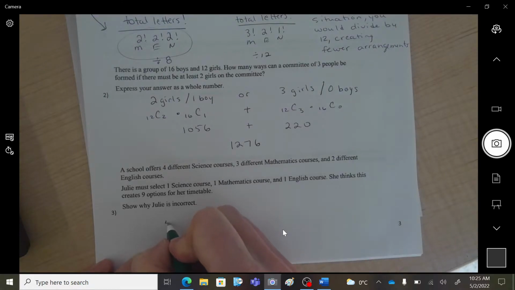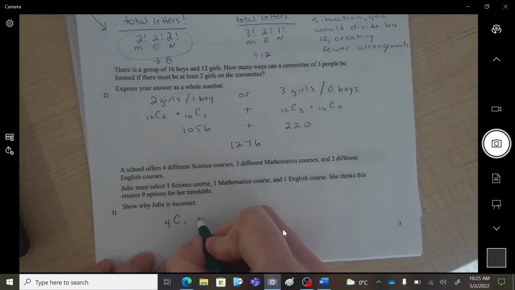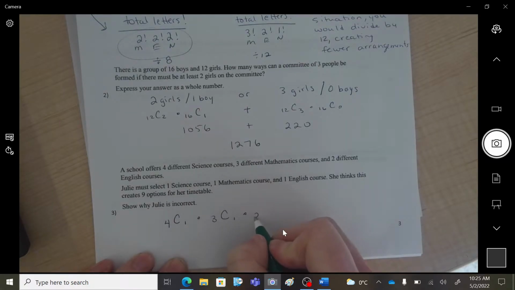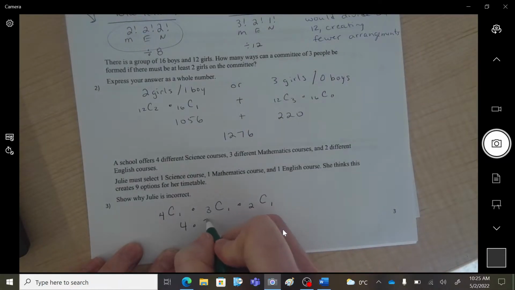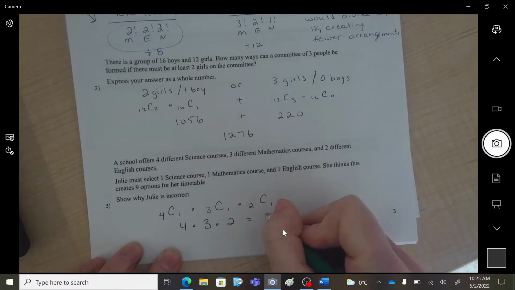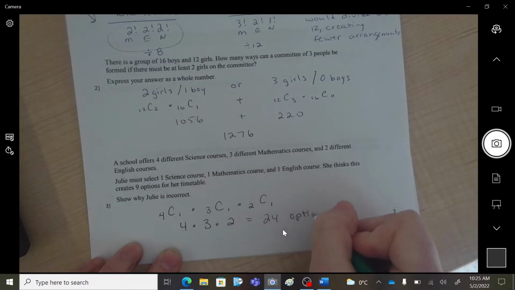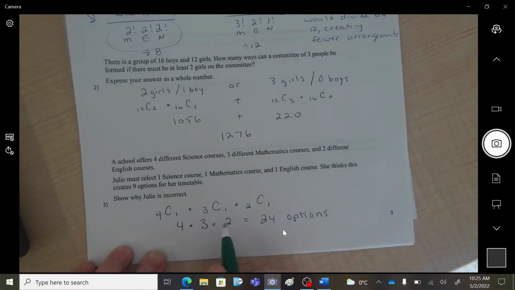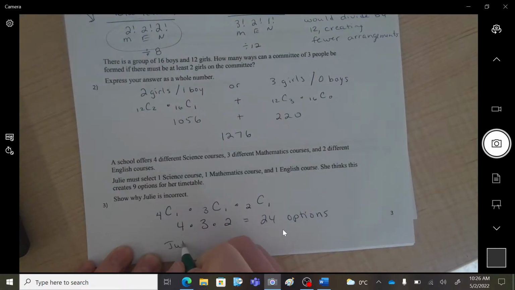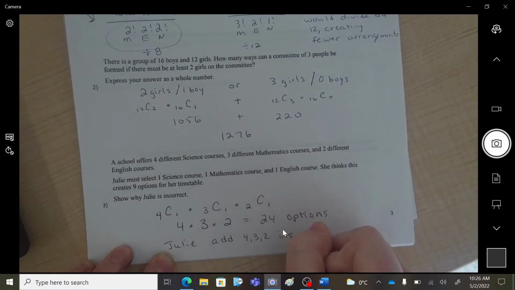She's going to have to do 4 sciences and choose 1, 3 maths to choose 1 and 2 Englishes to choose 1, which makes 4 times 3 times 2, which is 24 options. So where did Julie go wrong? She took 4 plus 3 plus 2. Julie added 4, 3, and 2 instead of multiplying.